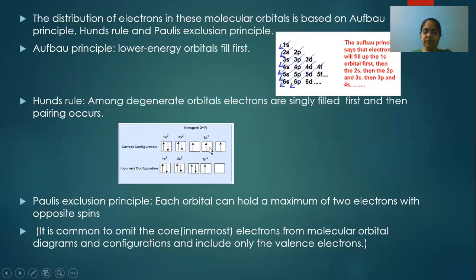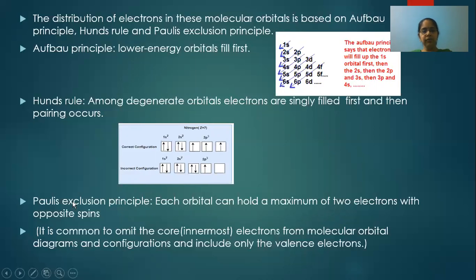Those 3 electrons are not distributed by pairing, because as all the 3 2p orbitals are degenerate, once the degenerate orbitals are singly filled, then only pairing occurs. That is Hund's rule of maximum multiplicity, which is mainly applicable to degenerate orbitals.